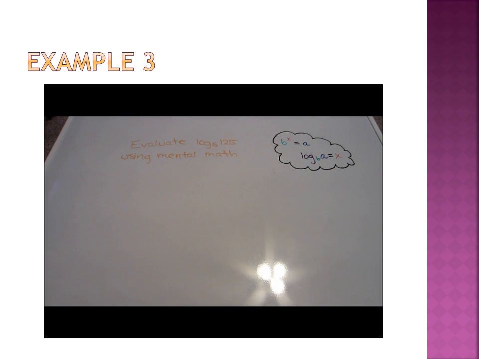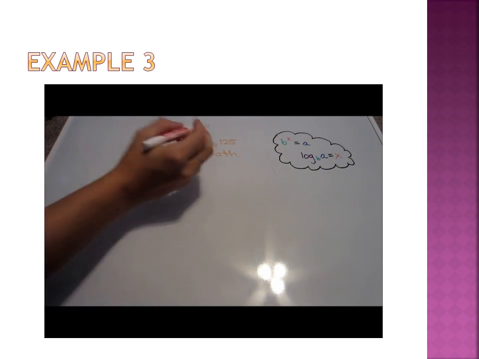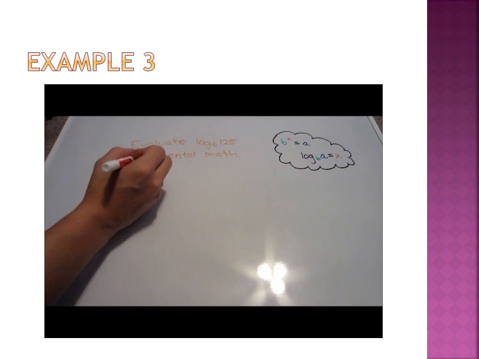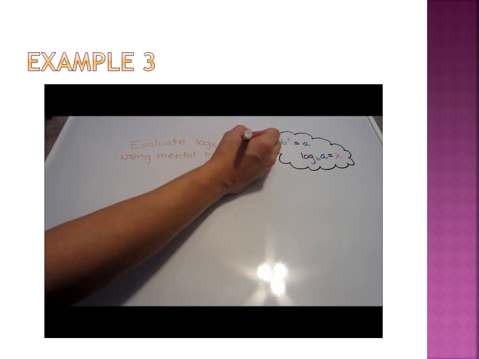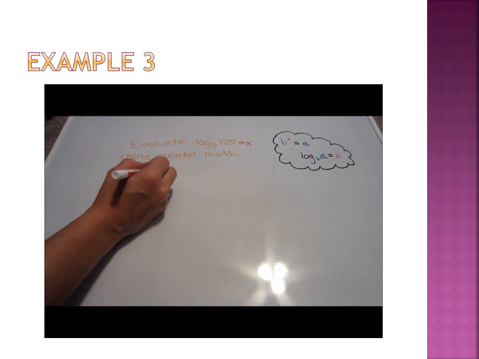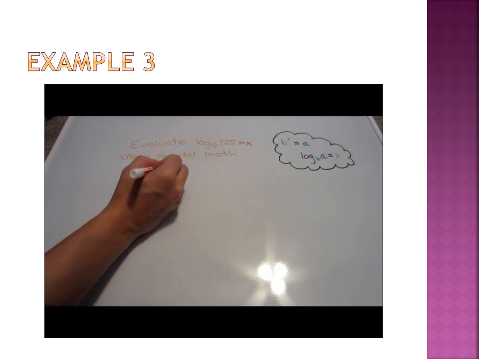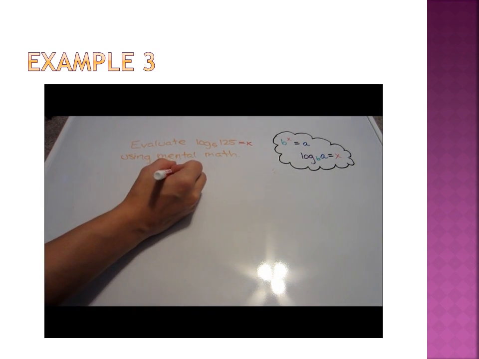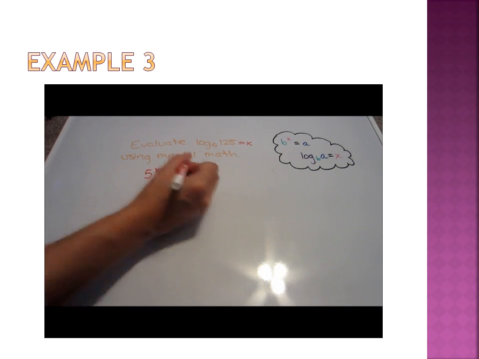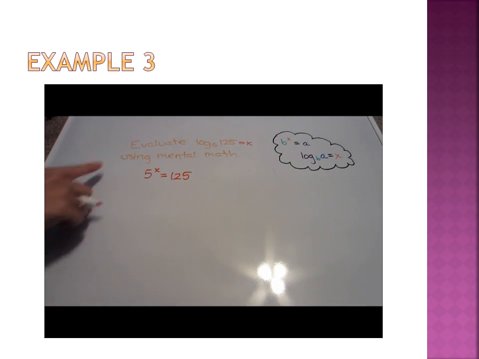Now let's try evaluating log base 5 of 125. We already have our base written, so our base is 5. We'll set this equal to x. Our base is 5, we don't know what the exponent is, and it's equal to 125. Okay, so now we have to figure out what our exponent is.